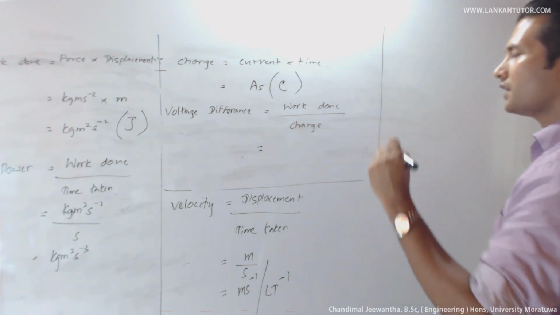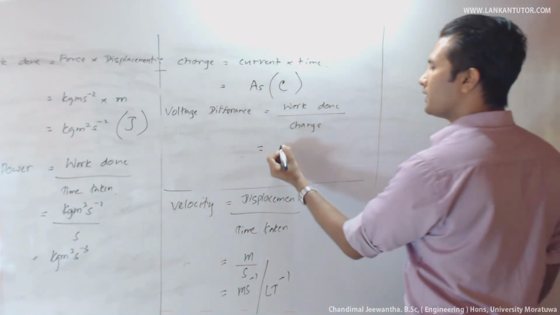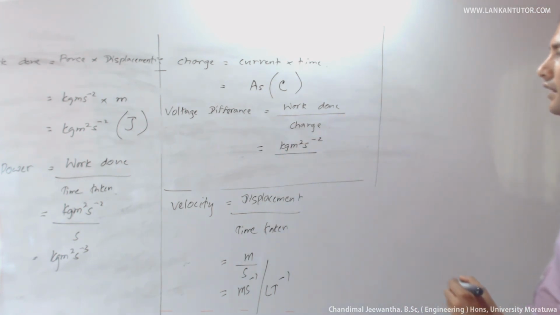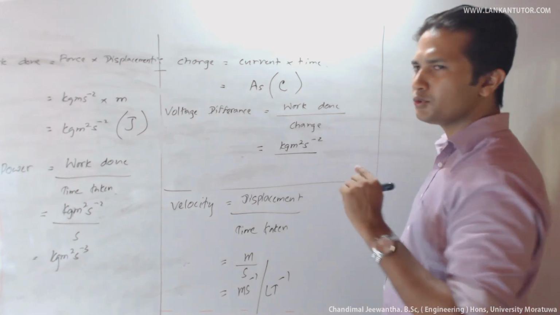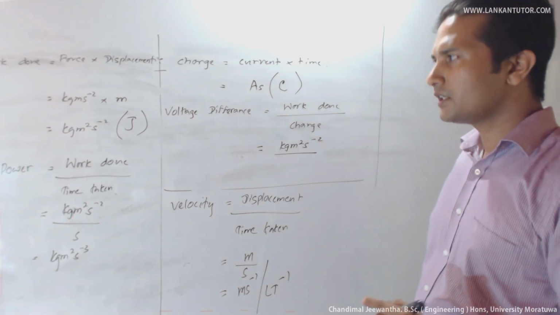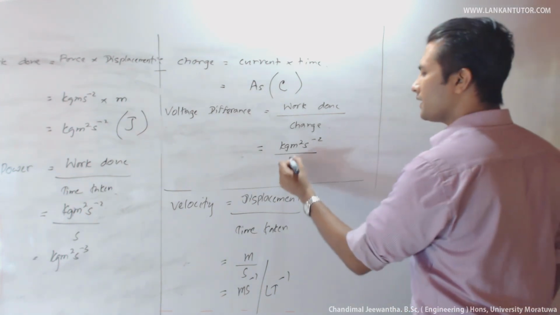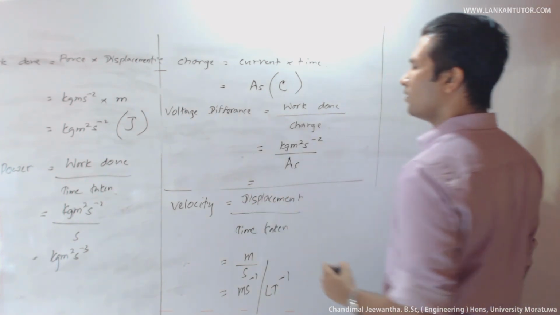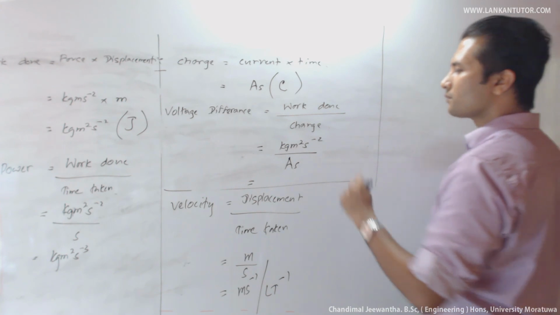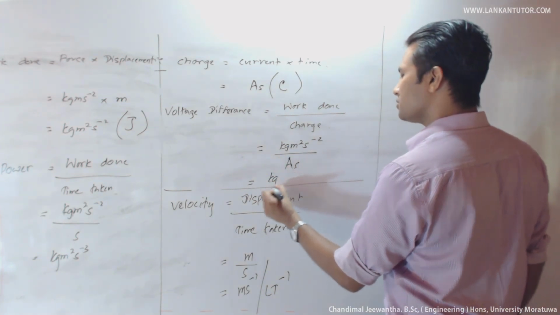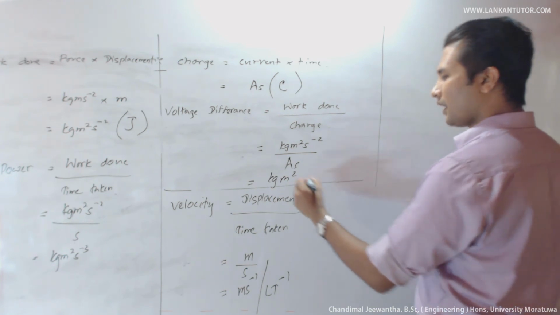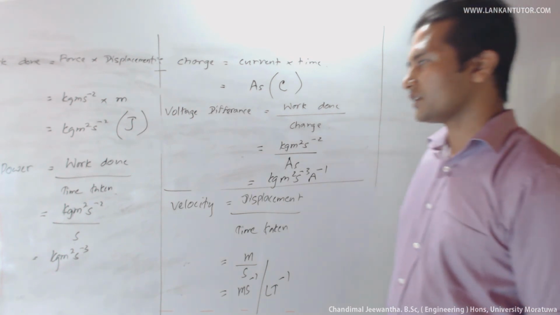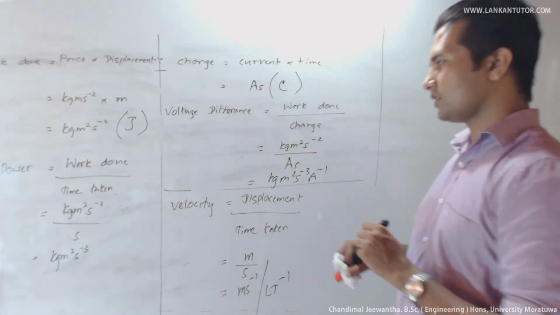When considering work done, the unit should be, as we got, kg m^2 s^-2 divided by the unit of charge. What is the unit of charge? As we got in the previous case, that is none other than AS. What happens when AS goes up, both getting negative powers? So kg m^2 s^-3, then followed by A^-1. That is voltage difference.